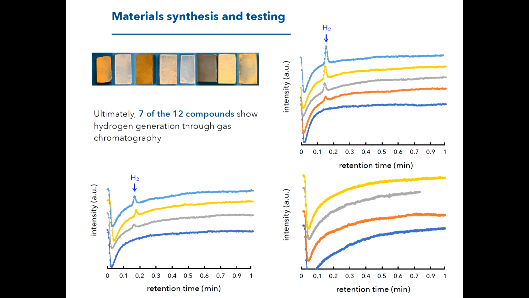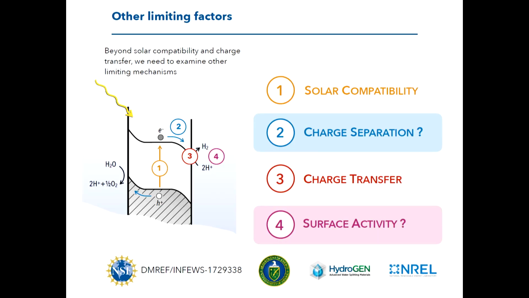But this is not the end of the story, because you can see that some of the compounds that we predicted do not show any peak. And so this means that we need to refine our predictions and refine our screening criteria. For example, some of the limiting factors that we didn't take into account are charge separation.